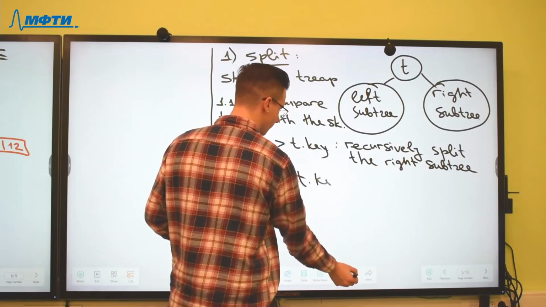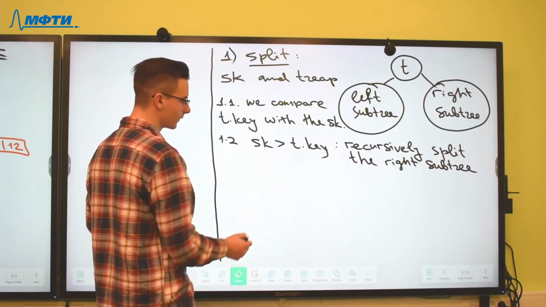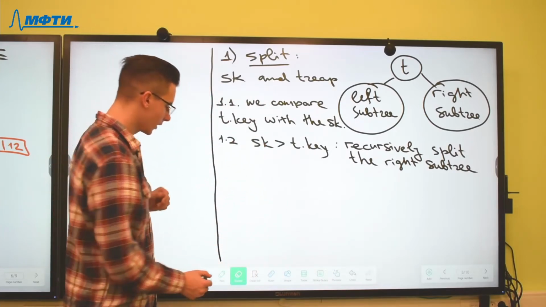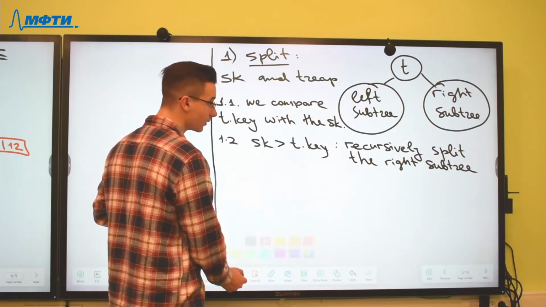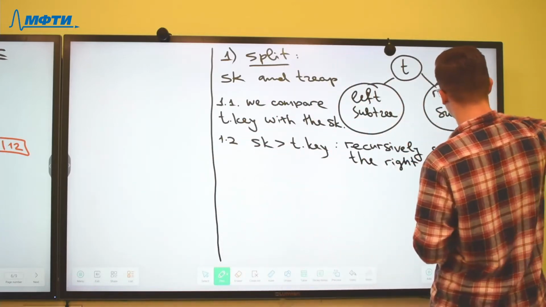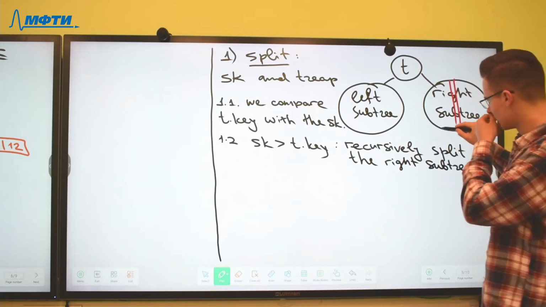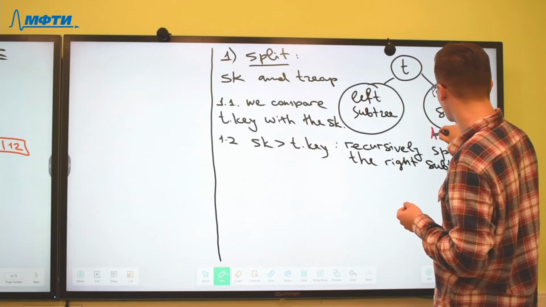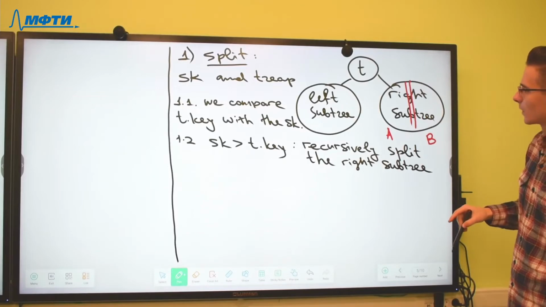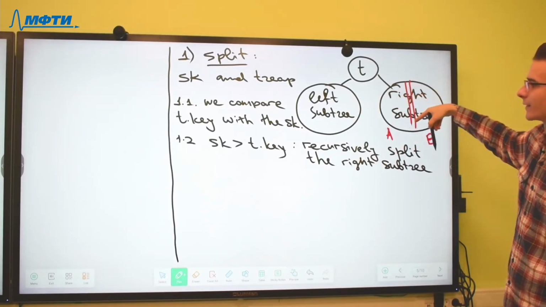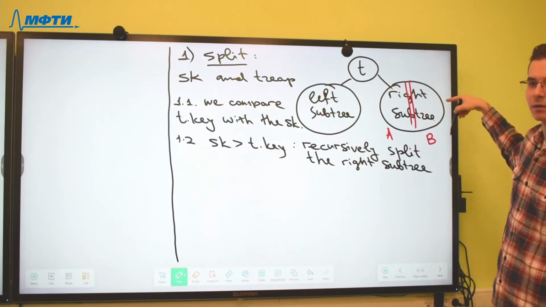And in this way, if SK is bigger than TK, if we split the right subtree, we get two new trees. We name them A and B, with the numbers that are less than SK and that are bigger than SK.